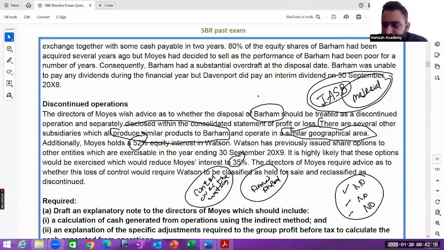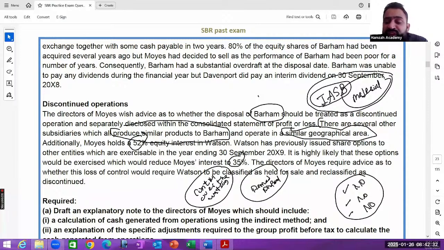And number two, can Watson company be treated as a discontinued operation? Now, in order to be a discontinued operation, it should represent a major product line or geographical area, or it should be a subsidiary acquired with a view to resale.